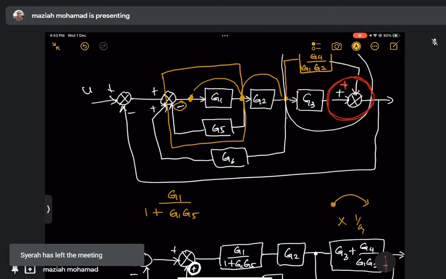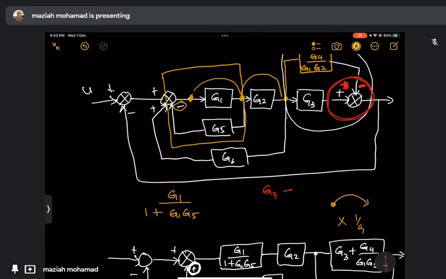But if, for example, the sign here is negative, it does not become plus anymore. It becomes G3 minus G4 over G1 G2, because it's actually minus G4. So it depends on the sign on the summation point.